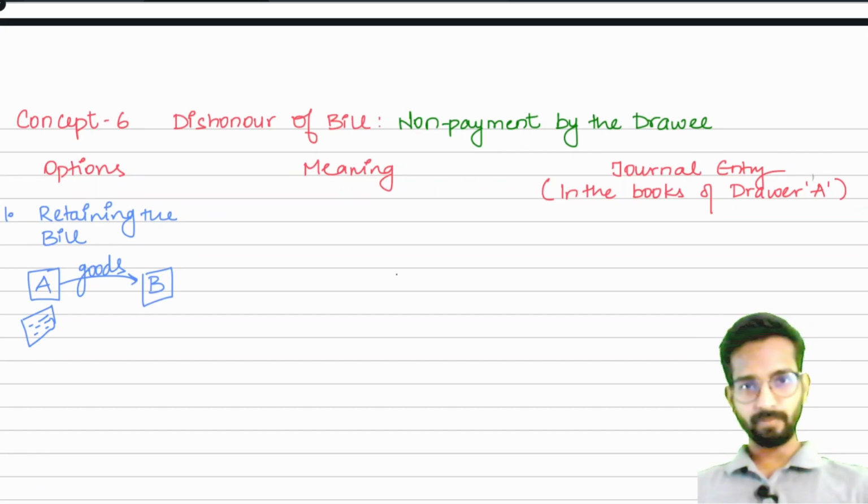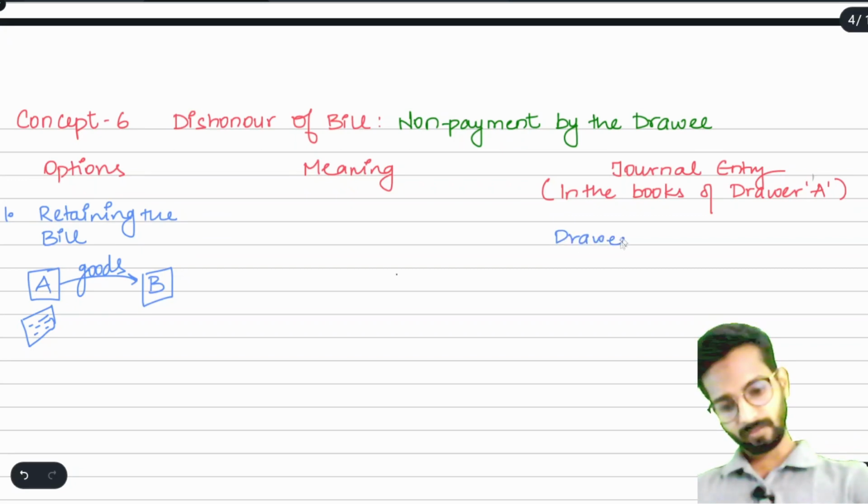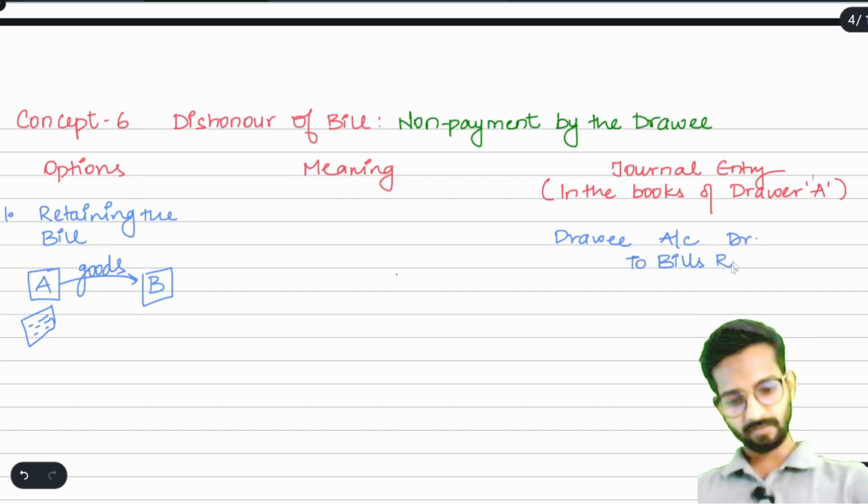I went to B's house, but B did not make any payment. It means the bills' worth has gone. Bills receivable is of no use now. I will take that money again from B. It means the drawee will become the debtor again. So we will write drawee account debit to bills receivable.